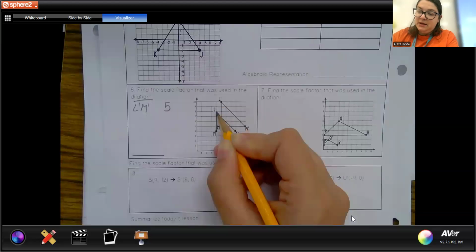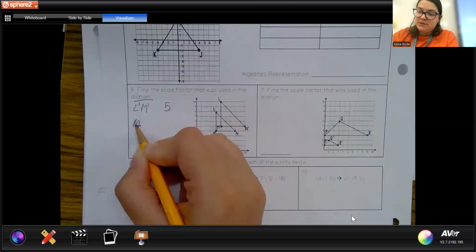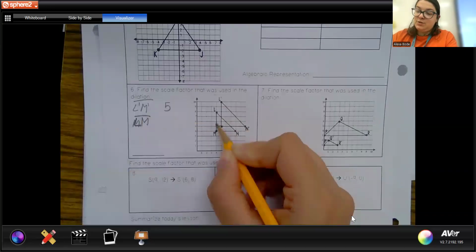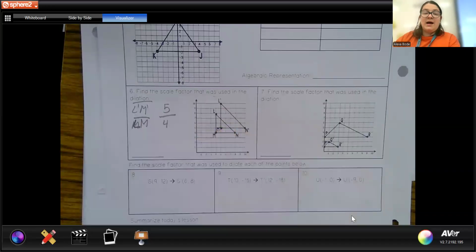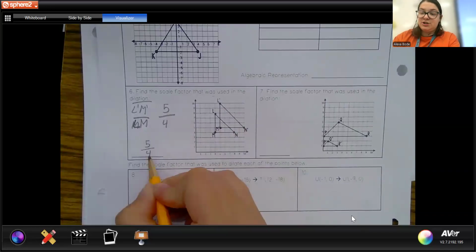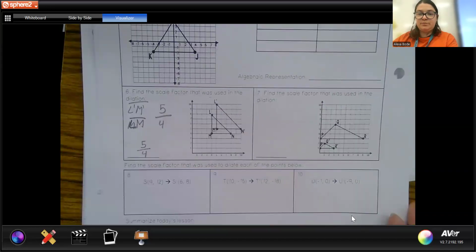My L to M, that side length was 1, 2, 3, 4. So as a ratio, I cannot simplify this anymore. This is my scale factor. My scale factor is 5/4.